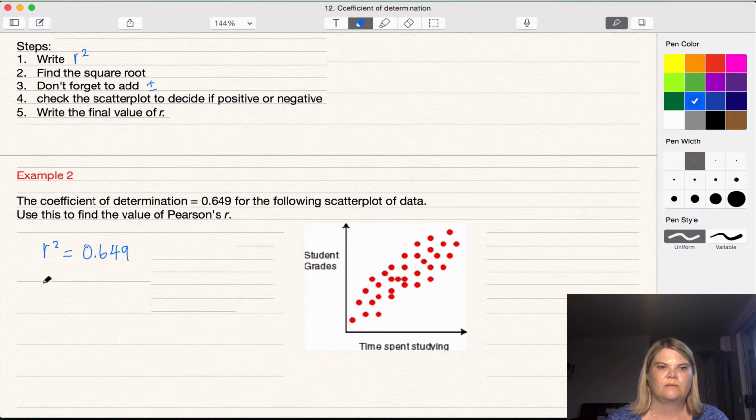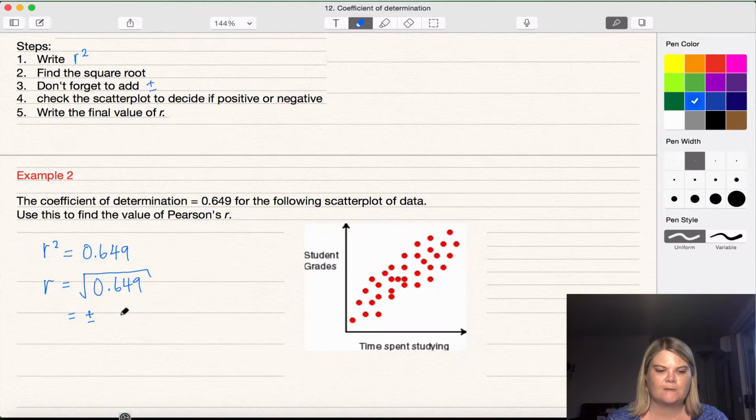Find the square root of both sides, so we get r equals the square root of 0.649, which equals plus or minus 0.806.